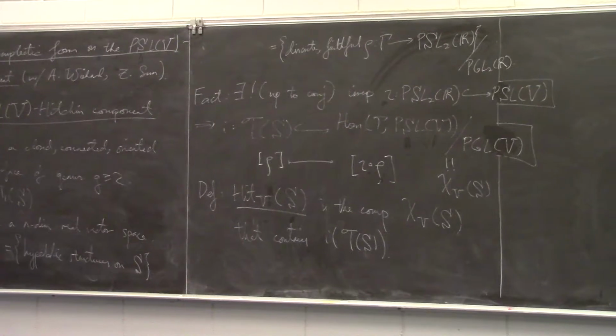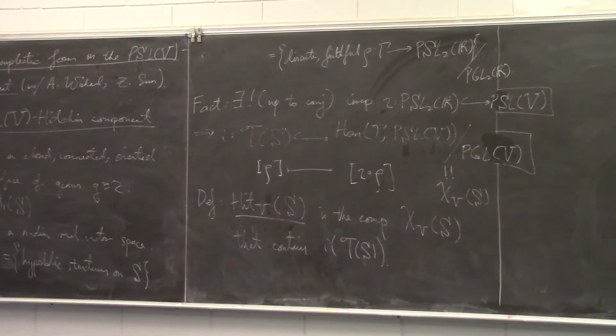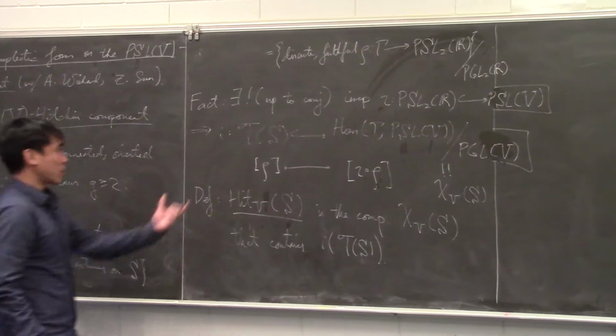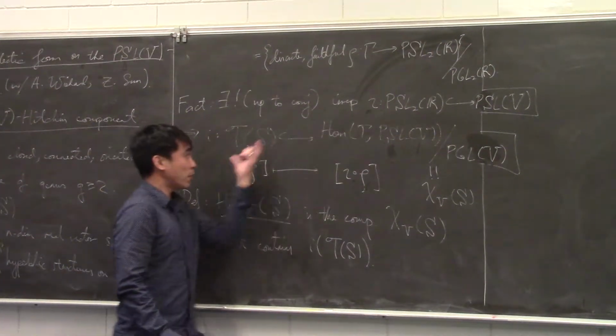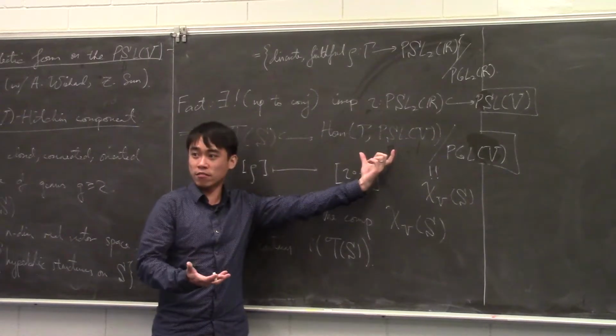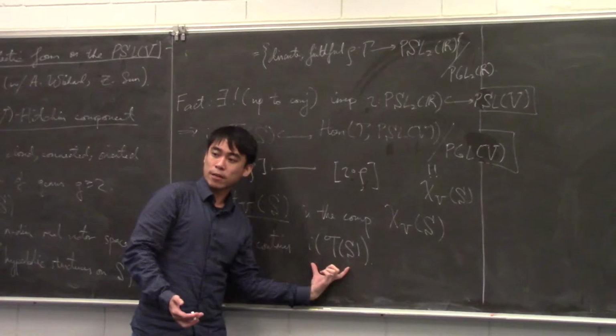Here I'm using the fact that the Teichmüller space of S is connected. In fact, it's known to be topologically a cell. So this is connected, and the map iota is continuous, so the image of this in here is also connected. So you can talk about the connected component of this space that contains it.